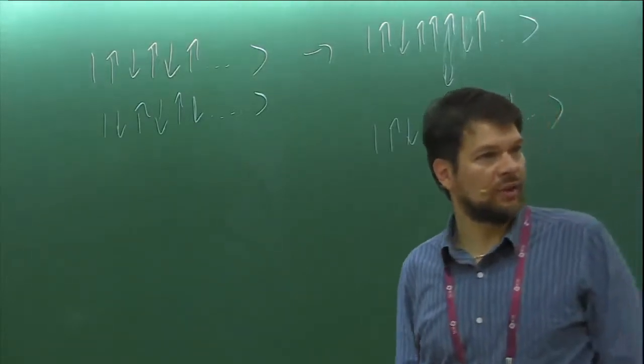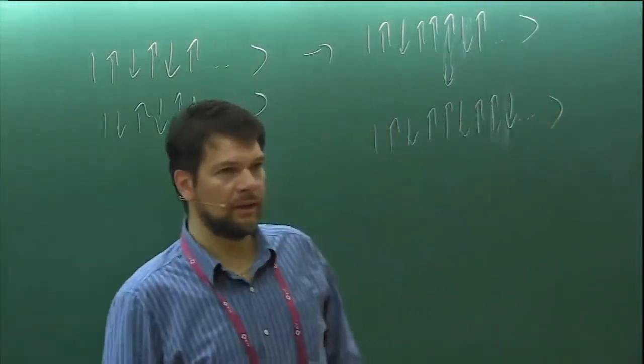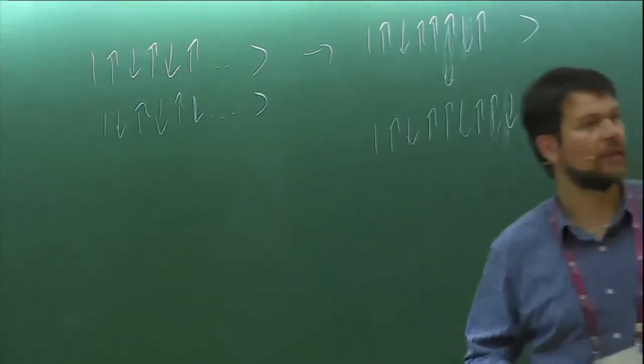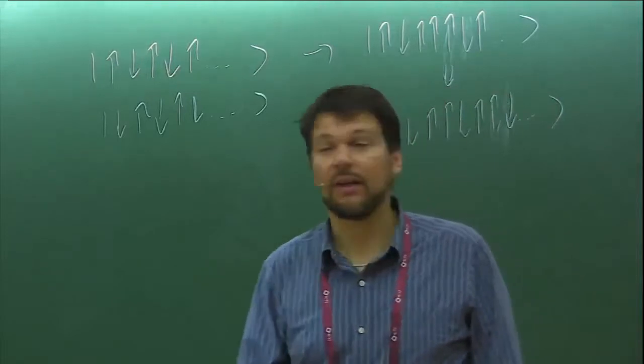We know it because these gapless excitations have a relativistic spectrum, because the universality is typically CFT, and we know it from many experiments and numerical simulations. So we know that these spinon excitations are something real and generic.